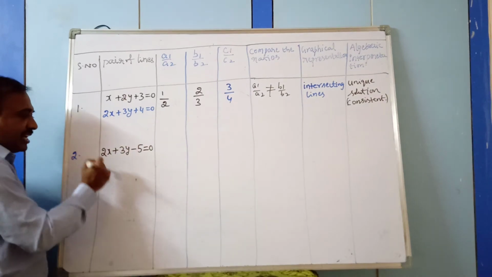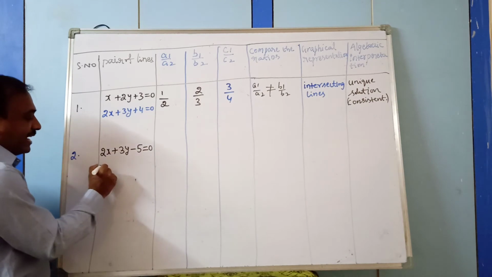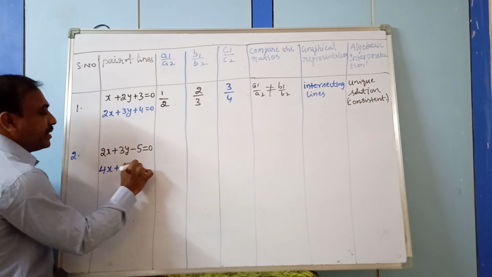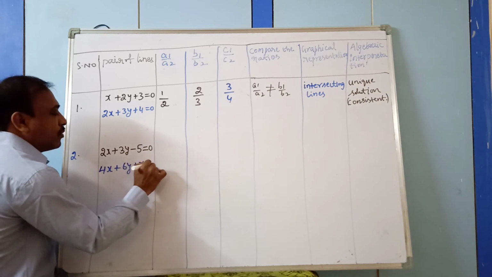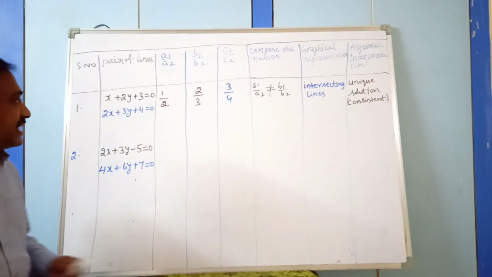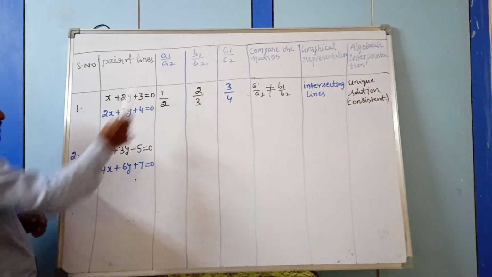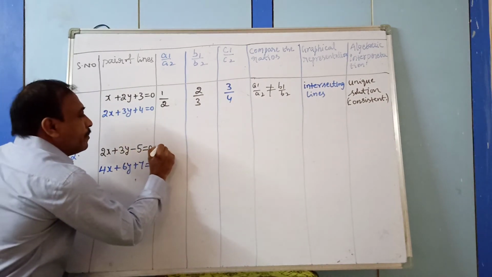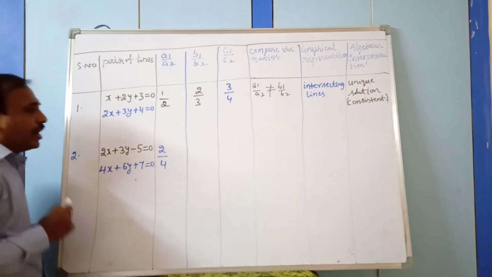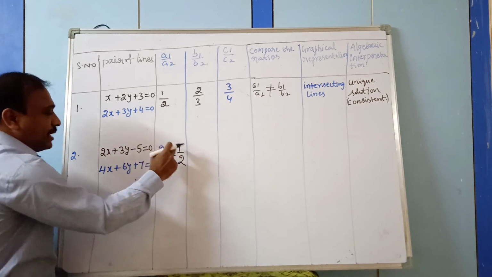The second equation I am taking here is 4x plus 6y plus 7 equal to 0. Now compare the ratios here. First one is A1 by A2, so 2 by 4, which can be written as equal to 1 by 2.